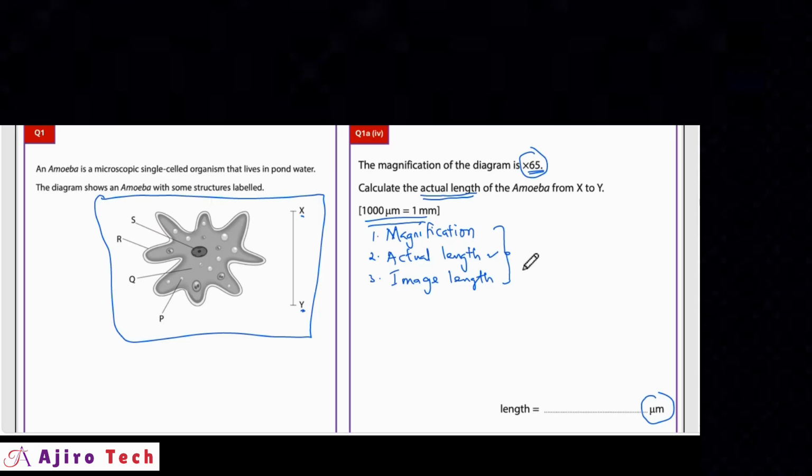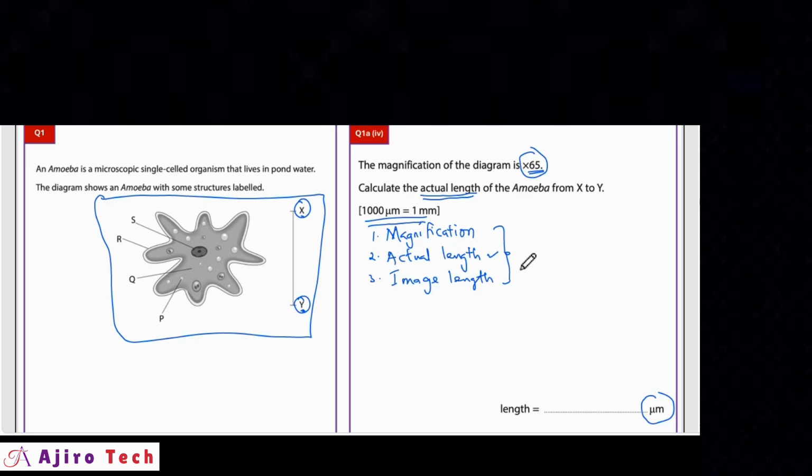So you go straight to micrometer, instead of multiplying your reading by 10 to get millimeter and then again by 1,000. Just multiply straight by 10,000. Whatever you measure from point X to point Y in centimeter, multiply it by 10,000 to get your answer.